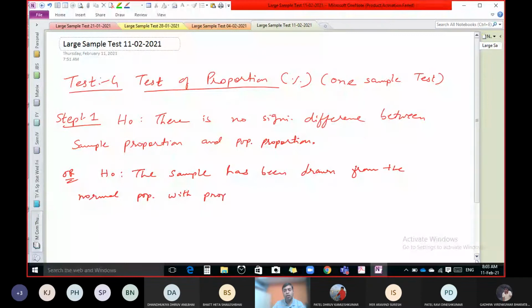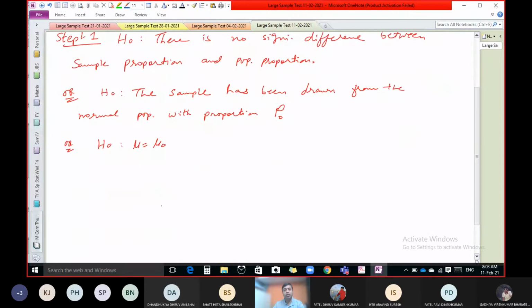With proportion mu 0, instead of that you have to write capital P0. Or in symbols you can write like this: instead of mu equal to mu 0, which was the null hypothesis in test 1, here you have to write P equal to P0. Capital P0 is a constant number.